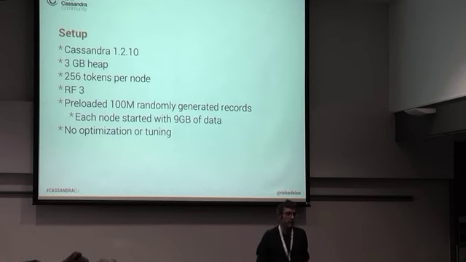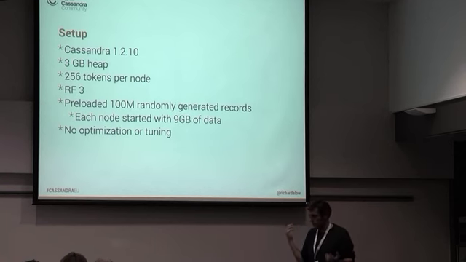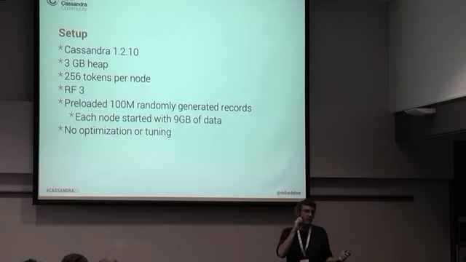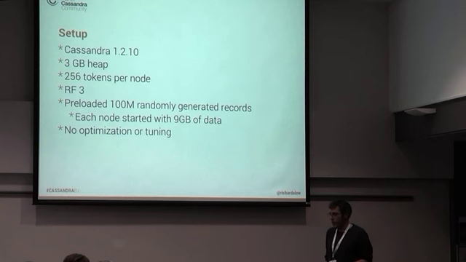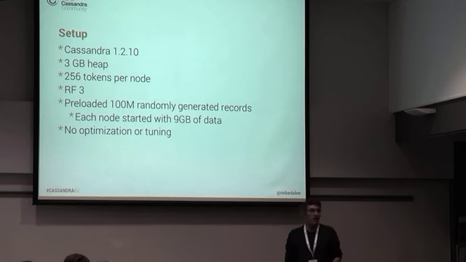Just a little bit of stuff on the configuration. I'm using the latest version of Cassandra, 1.2, with a 3 gig heap. So almost half my memory is on the heap in Cassandra. I'm using virtual nodes, replication factor 3. I've got 4 nodes, replication factor 3, because my user accounts care about consistency, let's say.